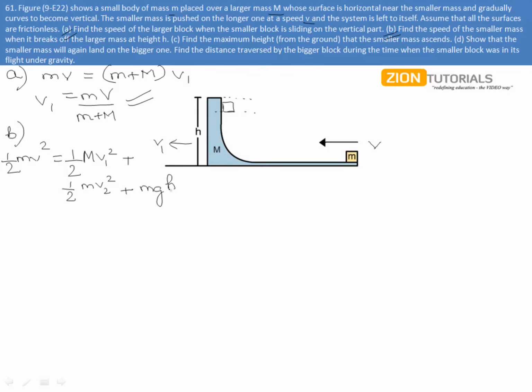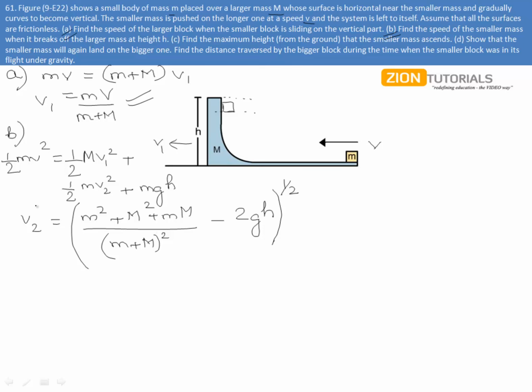Now this mgh is the potential energy, because up to here it will be converted into potential energy as well. This gives me the value of v2 asked in the question to be the square root of (m squared v squared upon (M plus m) whole square minus 2gh).